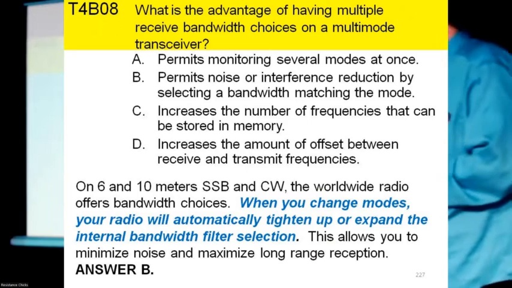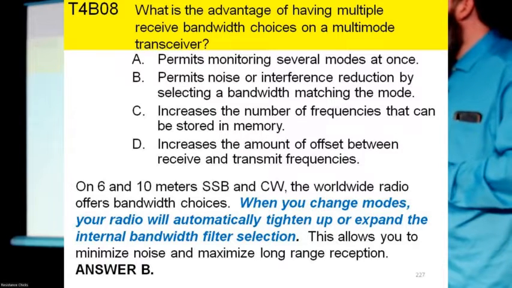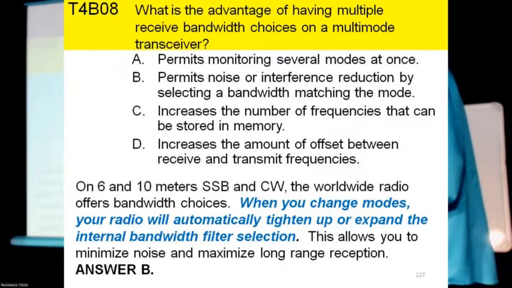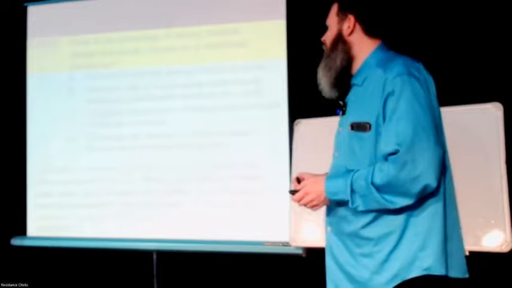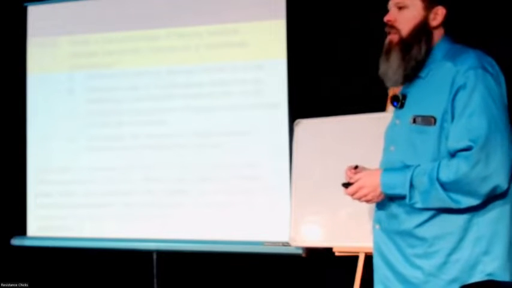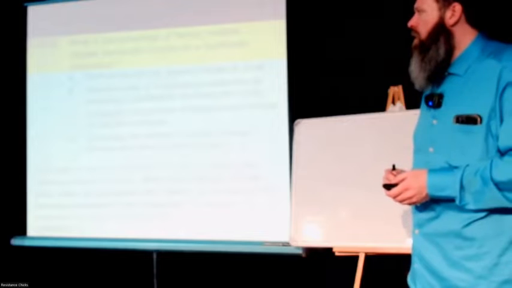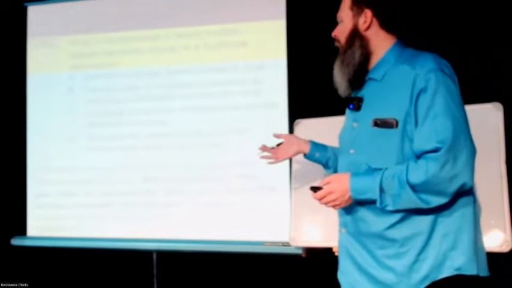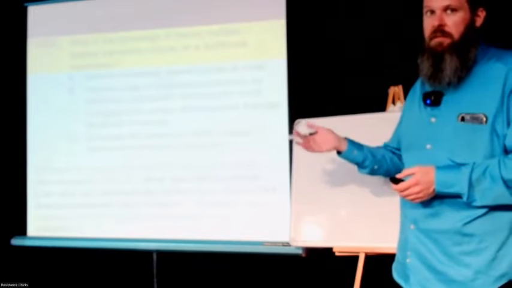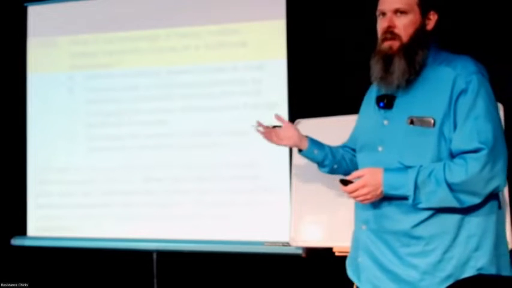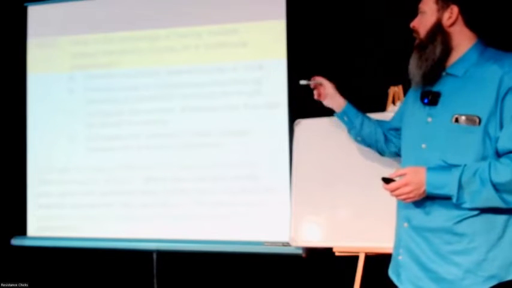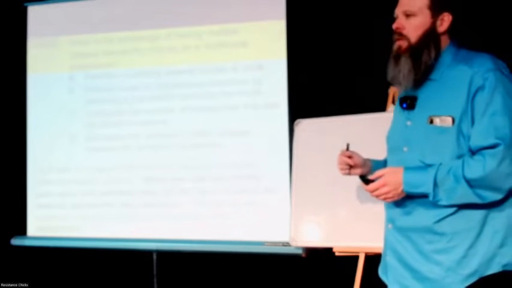What is the advantage of having multiple receive bandwidth choices on a multi-mode transceiver? The answer is it permits noise or interference reduction by selecting a bandwidth matching the mode. So what this is talking about is on your radio, especially any modern radio, these are HF radios that have CW and sideband in them. I'm not talking about your Baofeng handheld on FM. This allows you to select the bandwidth.